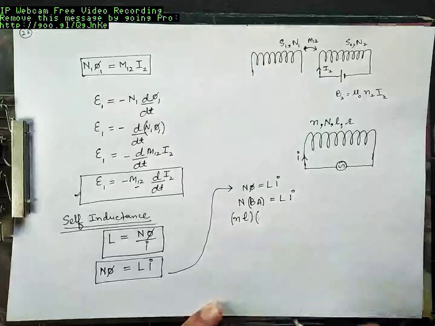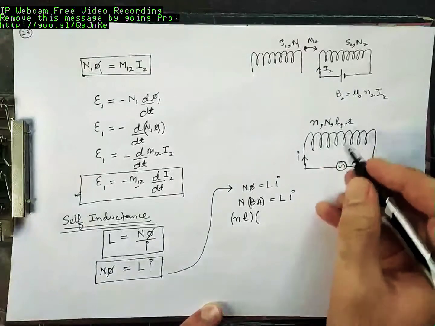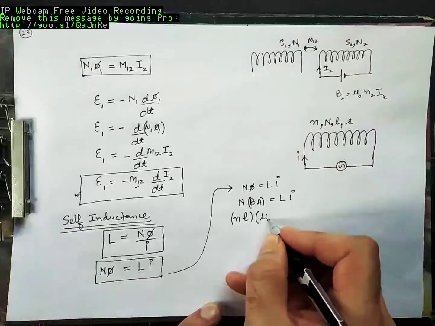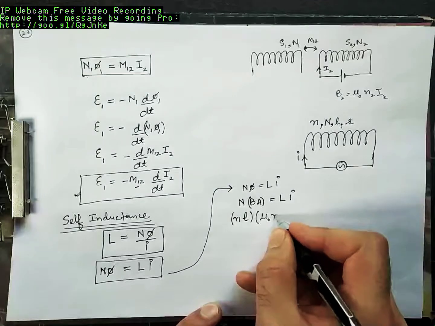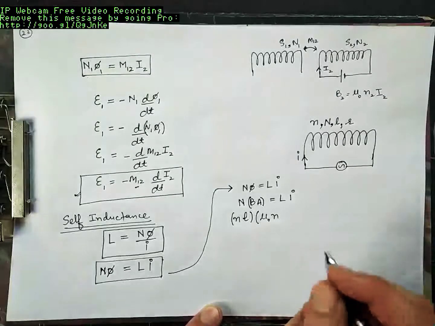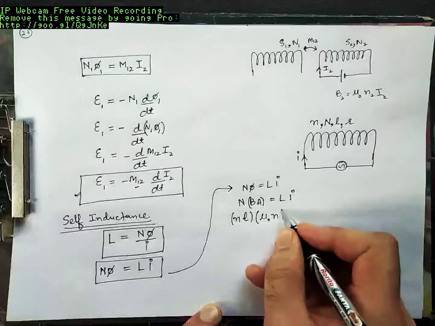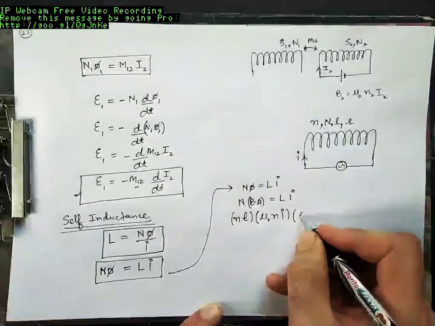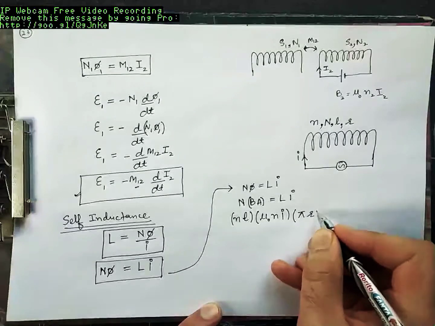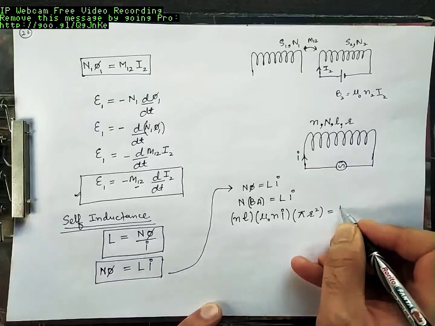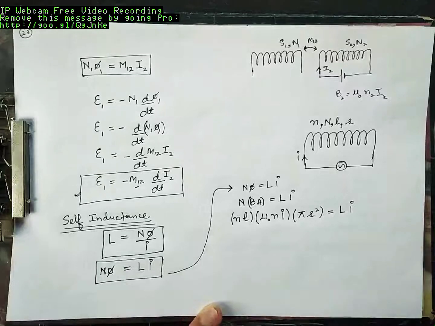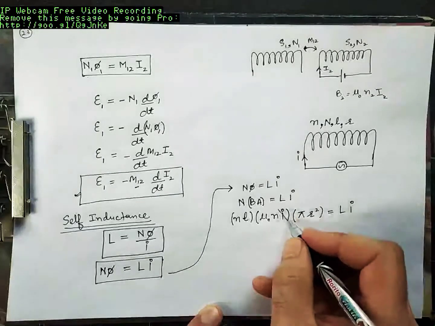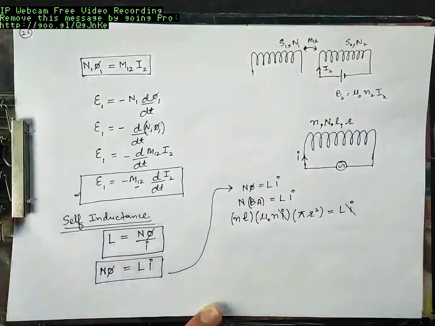Also, I know the magnetic field B produced by this solenoid is mu naught n I. The area of this coil is pi r square. So n l times mu naught n I times pi r square is equivalent to L times I. You can take I and I out. So you get the expression for inductance.